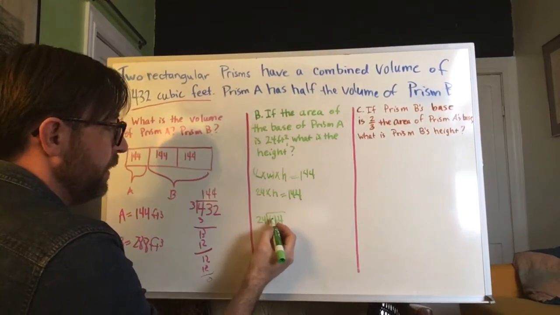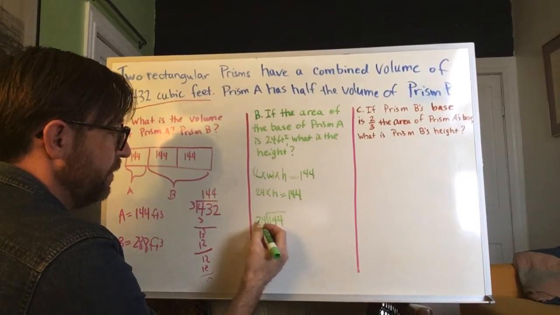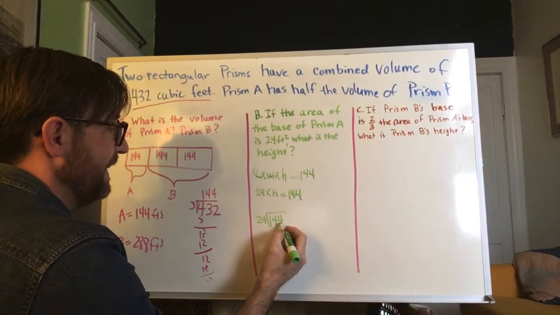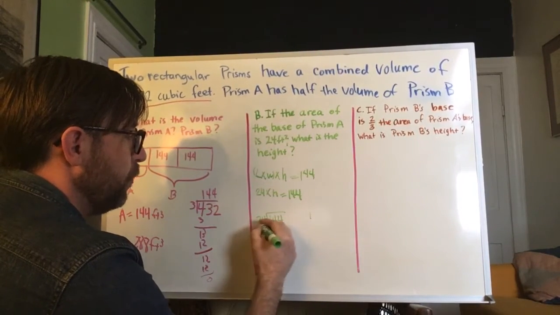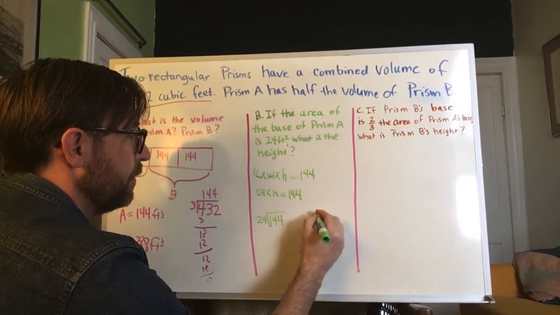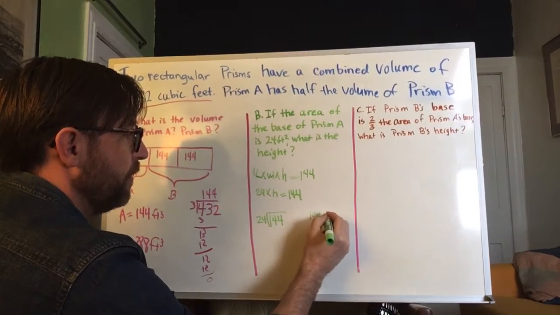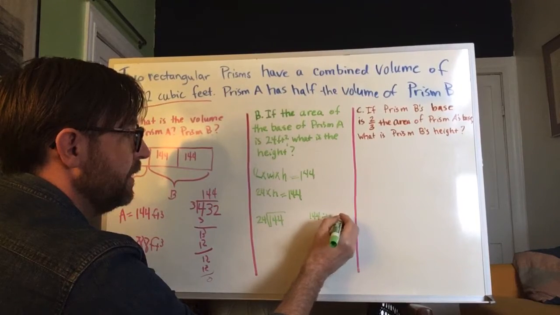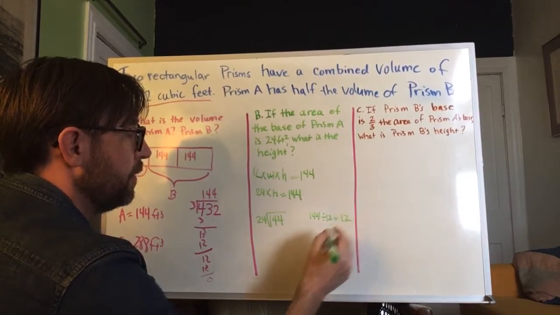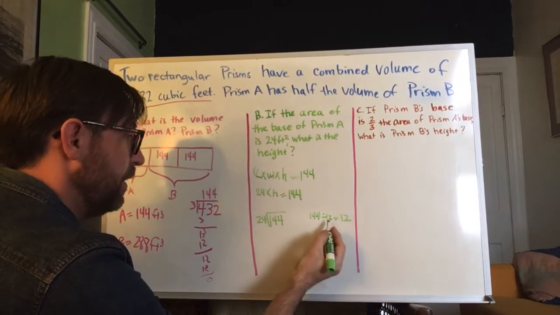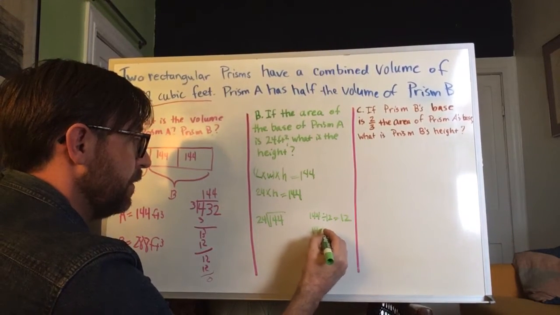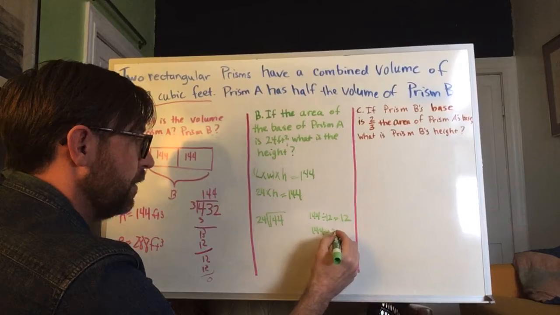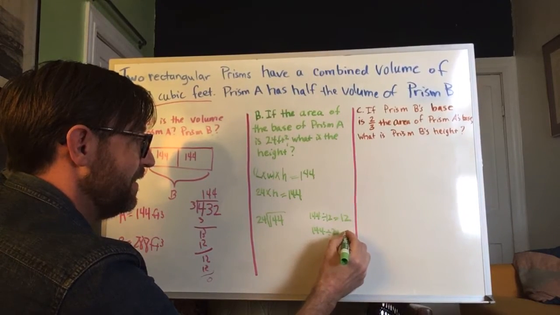So let's see, 24 can't go into 1, can't go into 14, so it has to go into 144 altogether. Well, if I think about it, 24 is half of 12, right? And I know that 144 divided by 12 is 12. So 144 divided by 24 is 6.